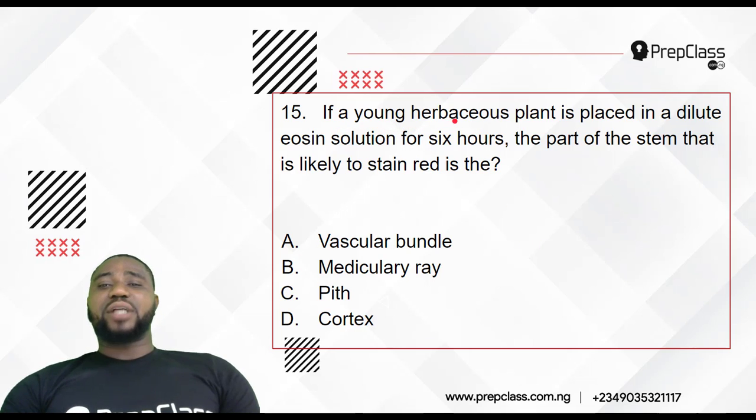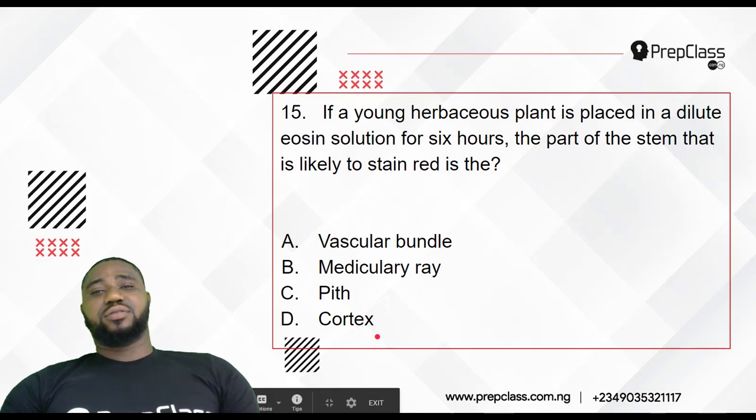15. If a young herbaceous plant is placed in a dilute eosine solution for 6 hours, the part of the stem that is likely to be stained red, is it a vascular bundle? Is it a medullary ray? Is it a pit? Is it a cortex?